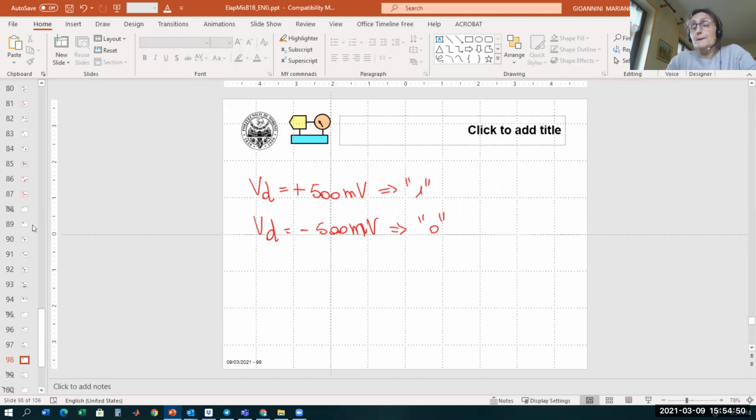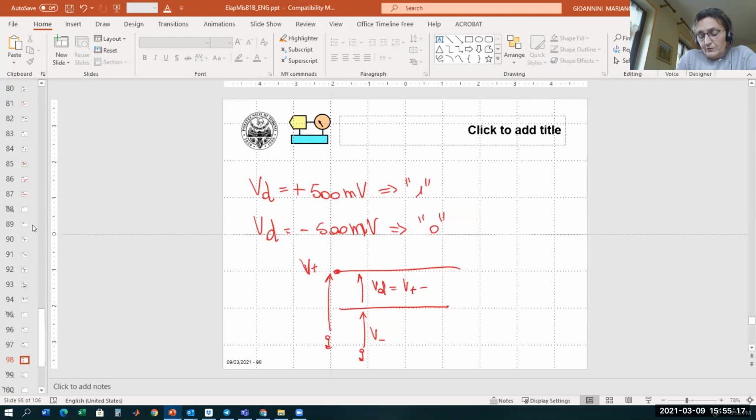So what I have to read is not the single-ended voltage, but the differential voltage, in the sense that if I have two wires, I have the voltage here that I indicate as V plus, and the voltage on the other wire that I indicate with V minus. What I read now is Vd, the difference between V plus and V minus.